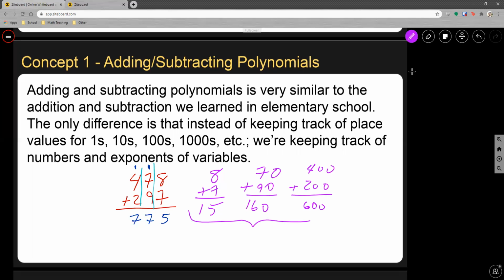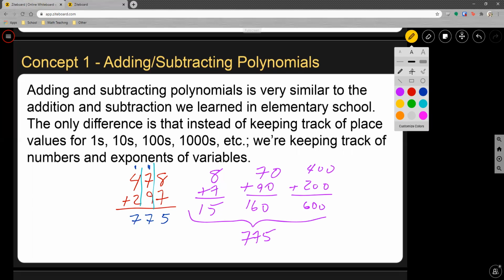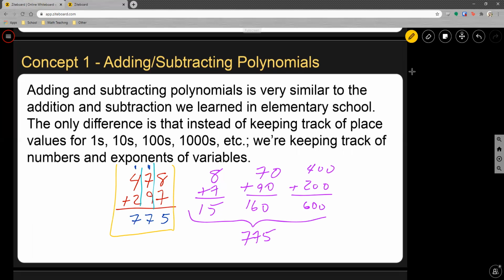Then I'd have to combine all of that together in a fourth addition problem to get 775. So the algorithm we follow simplifies the addition into a much more compact version. I take up much less space here than I would here, adding things together.